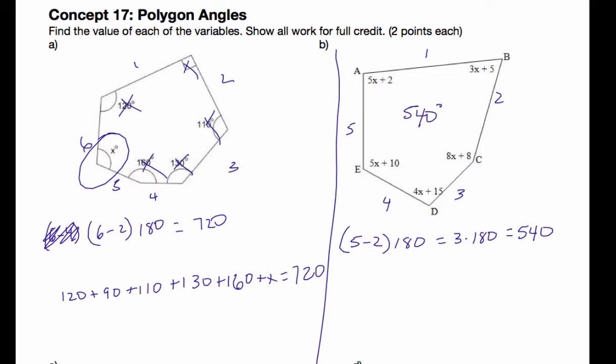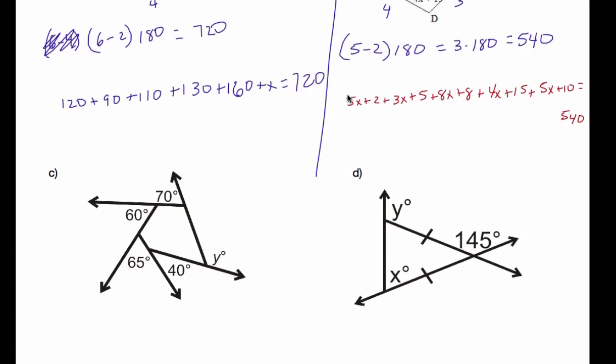The angles are going to be 5x plus 2 plus 3x plus 5 plus 8x plus 8 plus 4x plus 15 plus 5x plus 10. Did I get them all? 1, 2, 3, 4, 5. Yep. And so that's equal to 540. So we'll combine our like terms and solve for that x. And they asked us for the value of the variables, so that's going to be sufficient.